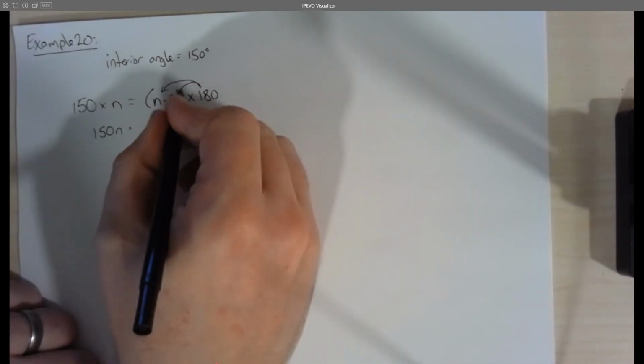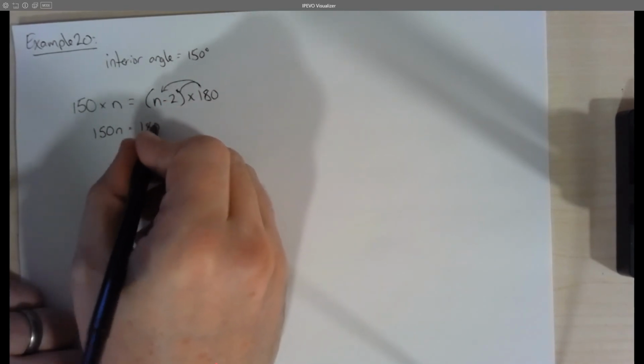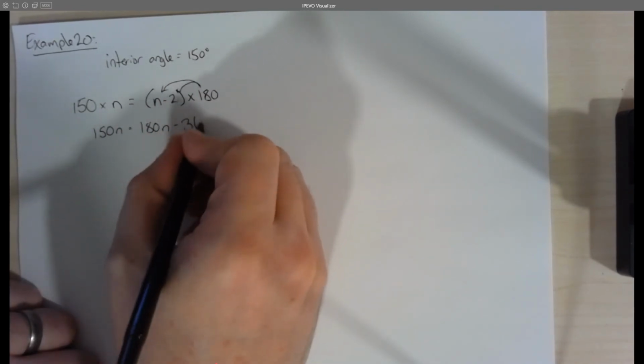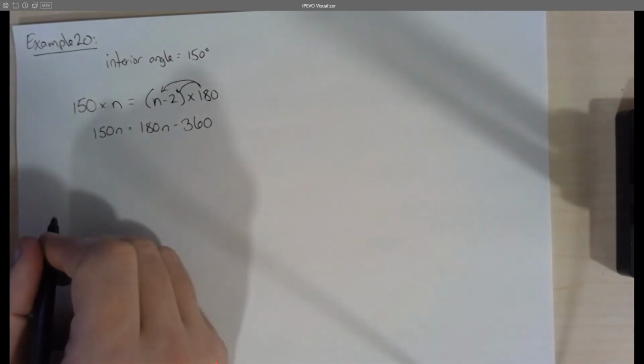So 150n equals, let's do distributive property here, 180n minus 360. Okay, now let's move things around here as much as we can. So let's move the 150 to this side, it becomes a minus 150. Let's move the 360 here, it becomes a plus 360.